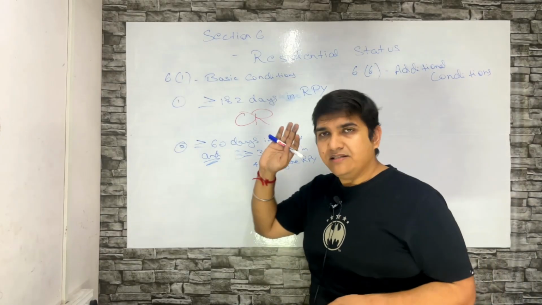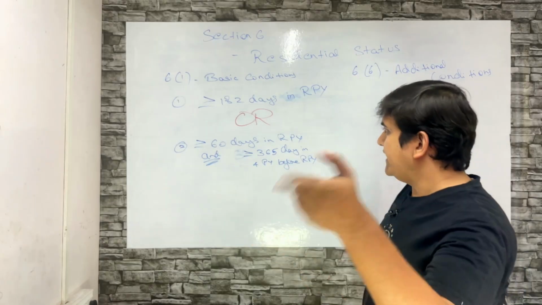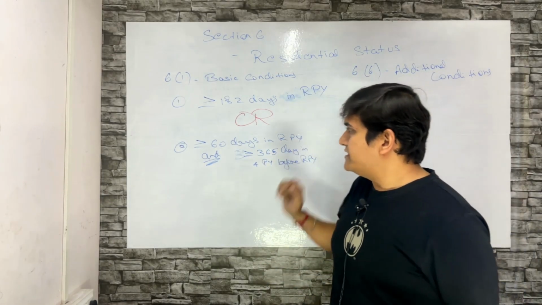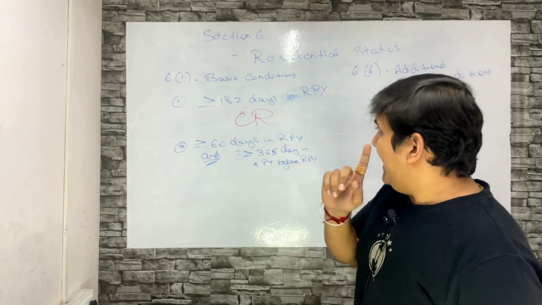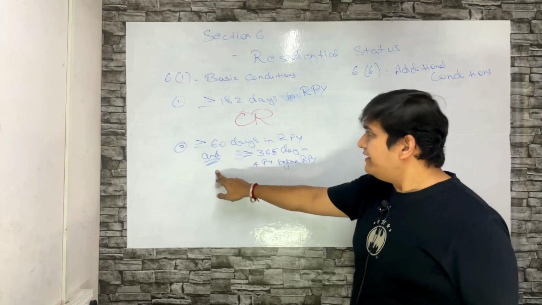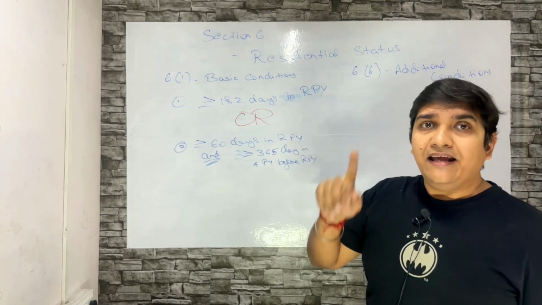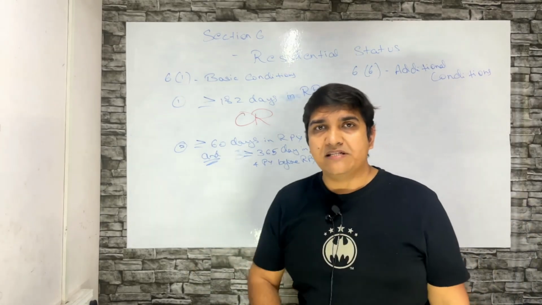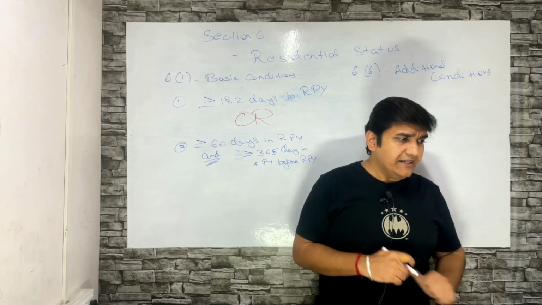So, first condition is 182 days or more during the relevant previous year. Second condition is 60 days or more in the relevant previous year, and 365 days or more in the 4 previous years before the relevant previous year.